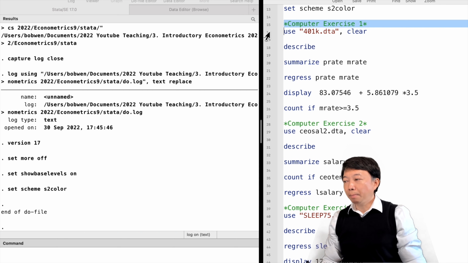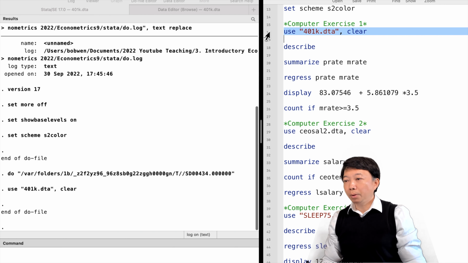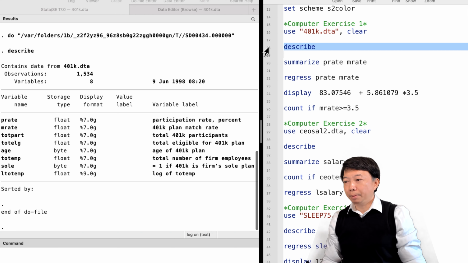After we use the command use to load the dataset, we can type describe to obtain the information about the variables. The variable P rate is the participation rate, and the variable M rate is the match rate.